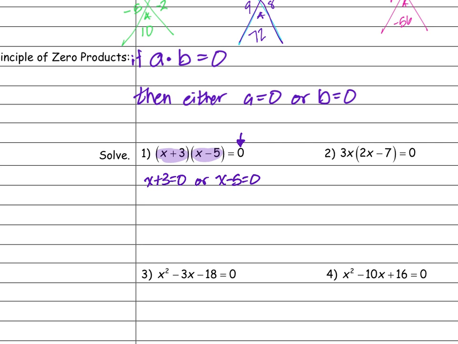How do I take this first equation here, x plus 3 equals 0, and solve for that? How do I get the x by itself?